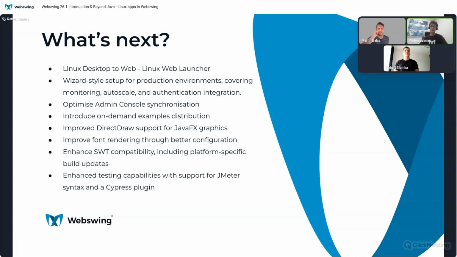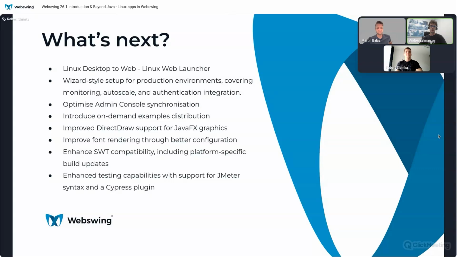We want to make an example that will improve and speed up the deployment to production, because we have found out that one thing is bringing an application in Webswing up and running, another thing is running it in production. So therefore we have decided to bring this helper feature with clustering, auto scaling, authentication. Everything should be easier to configure and guided automatically.